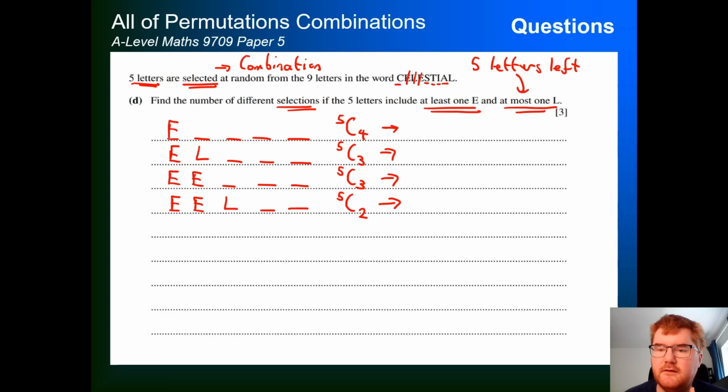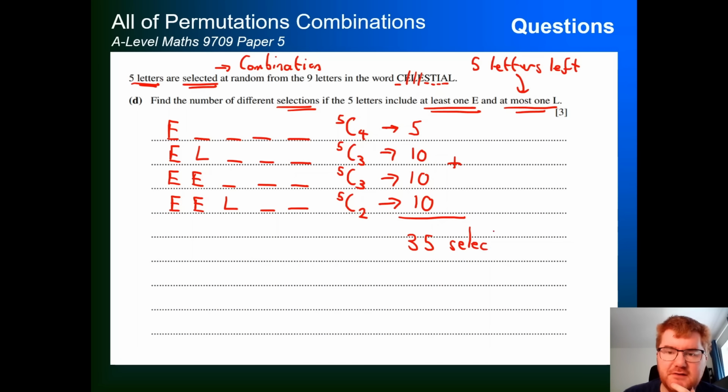So we have 5 here, 10 here, 10 here. This is also going to be 10 as well if you do that on your calculator. And if we add those selections together, we then get 35 selections, which gives us our 3 marks for this question.